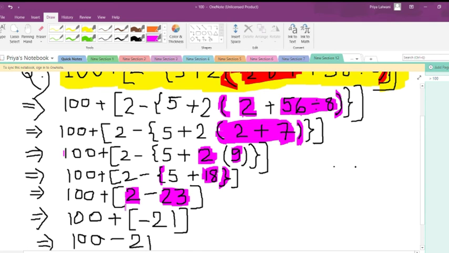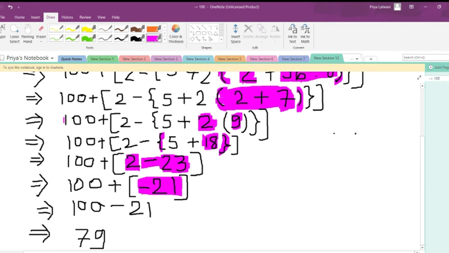Plus minus is always minus, and you can see 23 is the greater digit and the sign in front of 23 is minus. So its answer will be minus 23. How this minus 23 comes will get clear if you watch my last video.